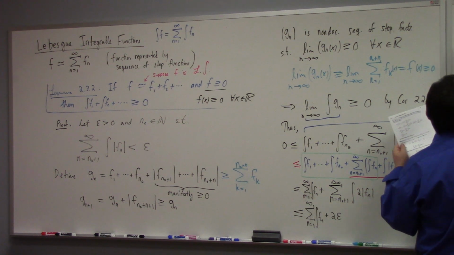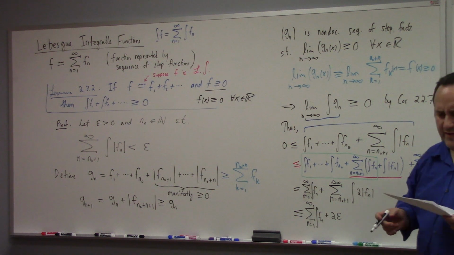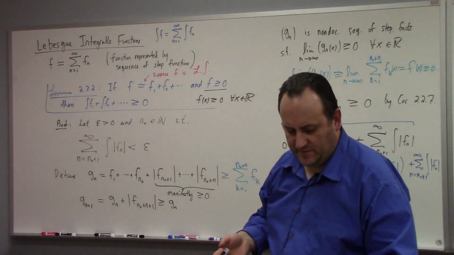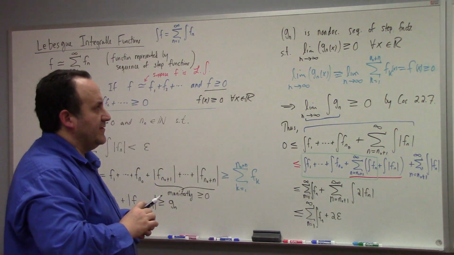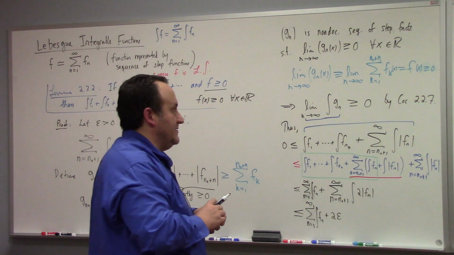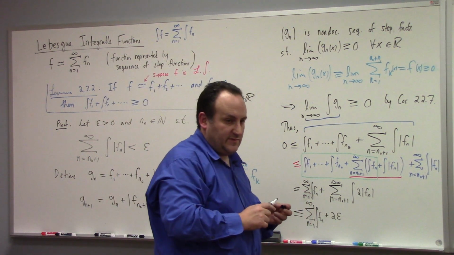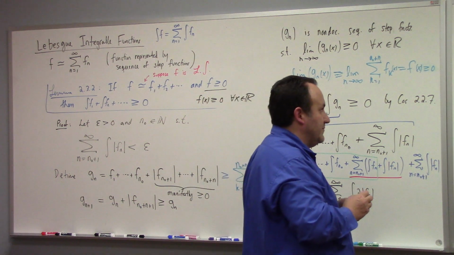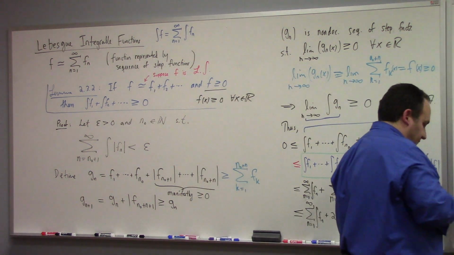In other words, what this corollary says is that if you have a function which is represented by two different sequences of step functions, then the Lebesgue integral that they generate is identical. Because the way we calculate the Lebesgue integral is to add together the step functions like this, right? So this would say that the Lebesgue integral is independent of your representation of step functions. So let's prove this thing.